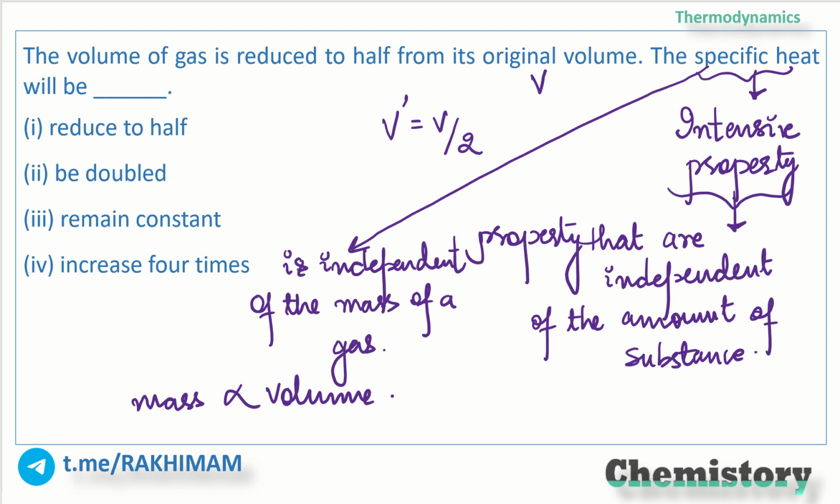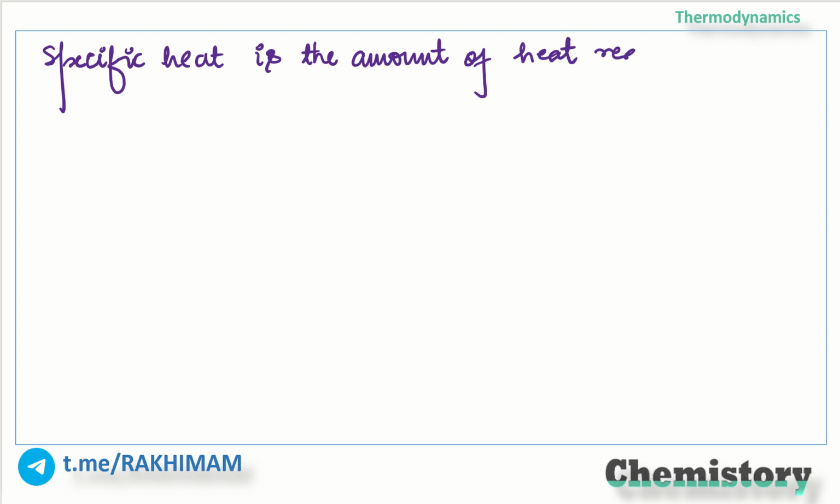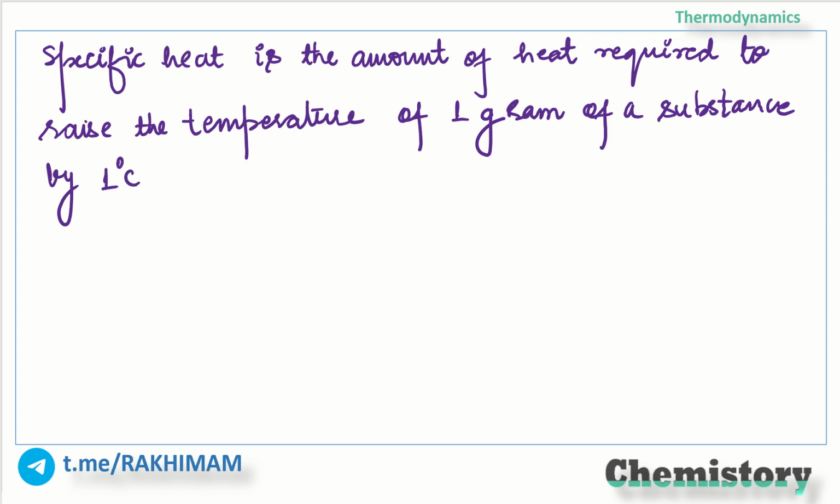So what do you mean by specific heat? Let me tell you a couple more things about specific heat. Specific heat is the amount of heat required to raise the temperature of 1 gram of a substance by 1 degree Celsius.